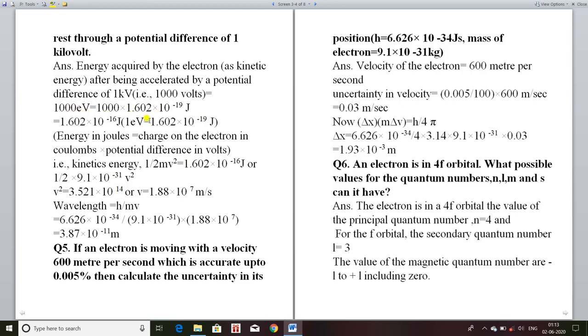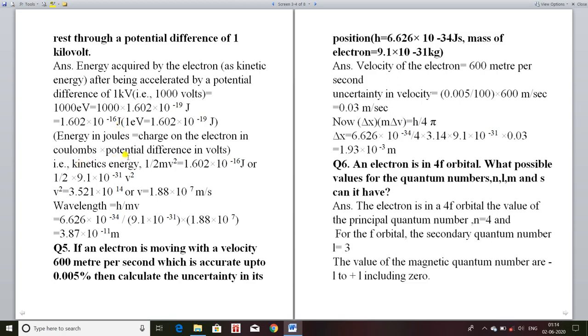Now you will convert electron volt into joule. For that you will multiply 1000 electron volt with 1.602 × 10^-19. It is equal to 1.602 × 10^-16 joule.